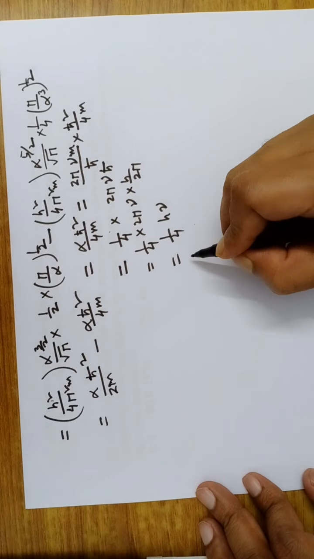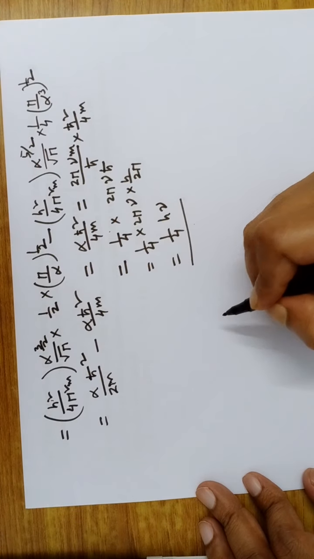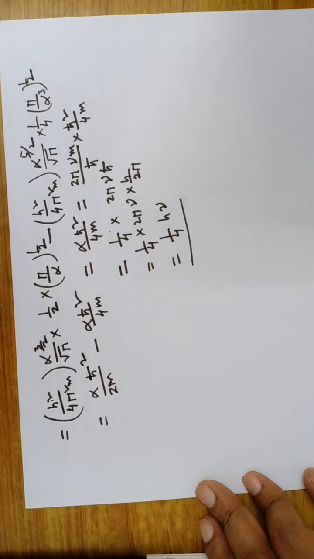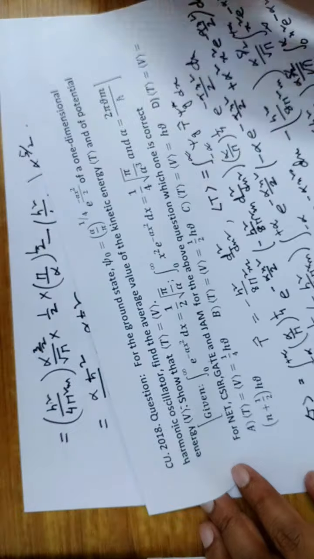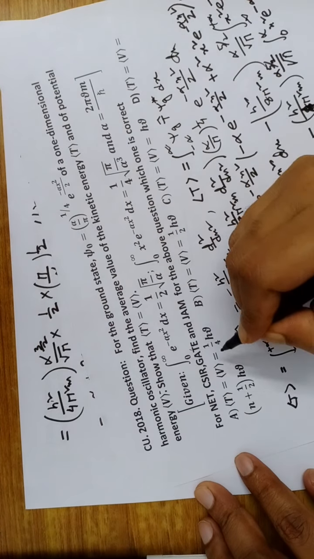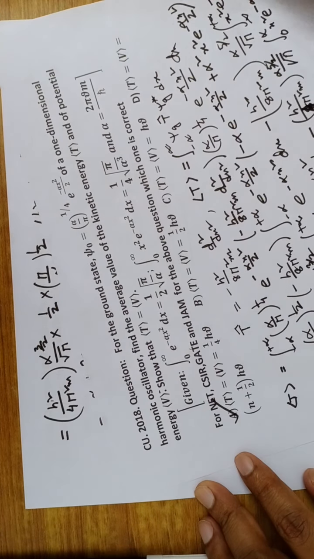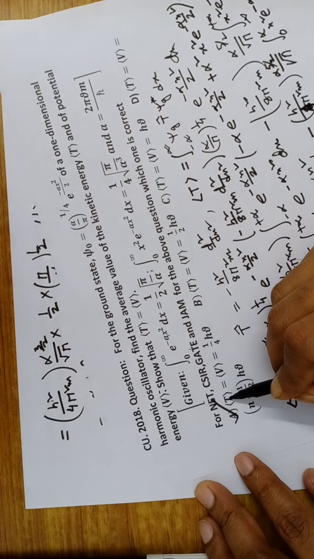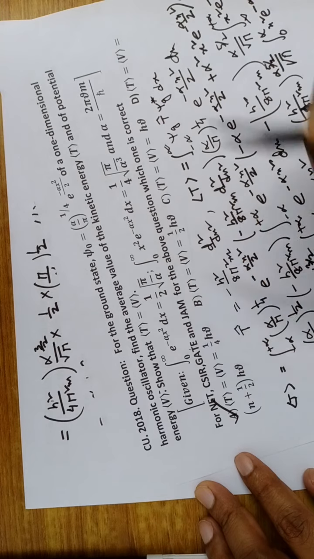Okay, so this is the answer. Now if this is the answer, then the question, this first option is correct because this is T equal to 1 by 4 h nu.